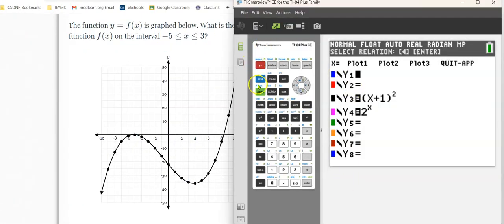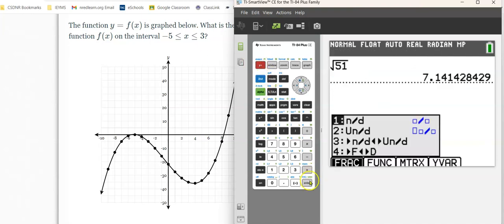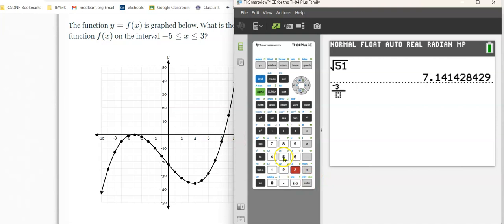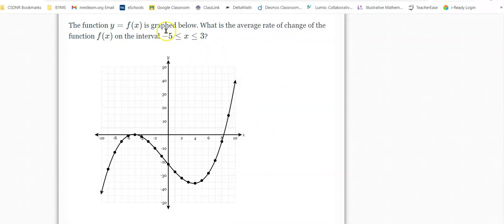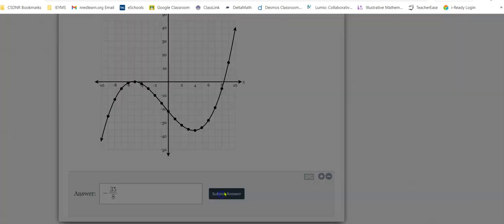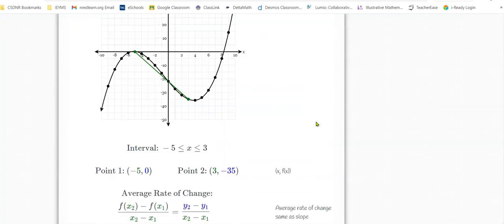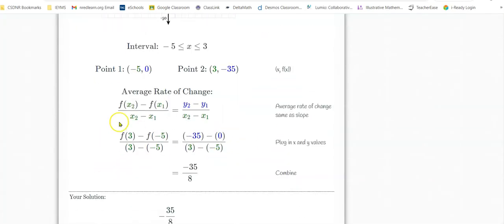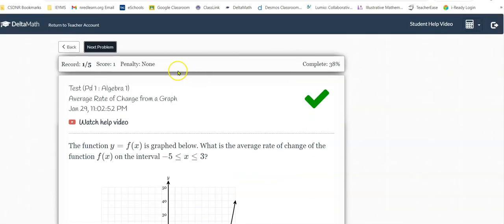I'm going to use my calculator to do that math. -35 minus 0 over 3 minus -5 gives -35/8. Did I do that right? I'll type that in down here. Awesome. So we found your 2 points, you use your rate of change formula, and you're done.